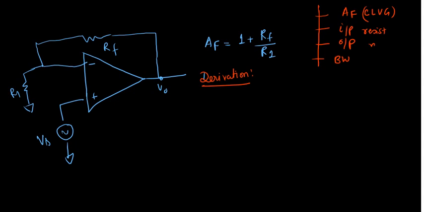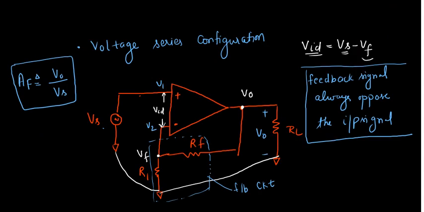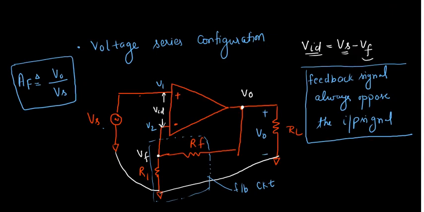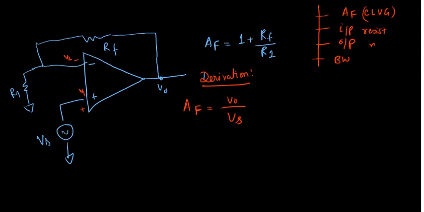So let's try to derive. And by definition, AF is V naught by Vs. Okay, so what is your V naught?